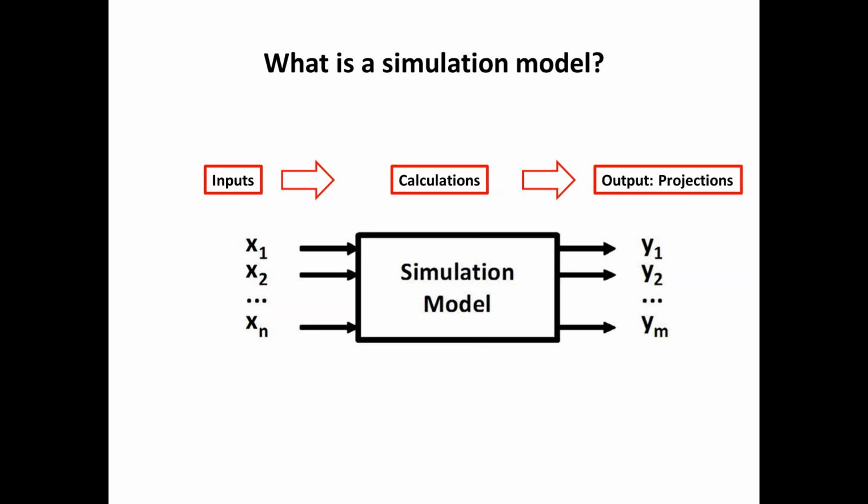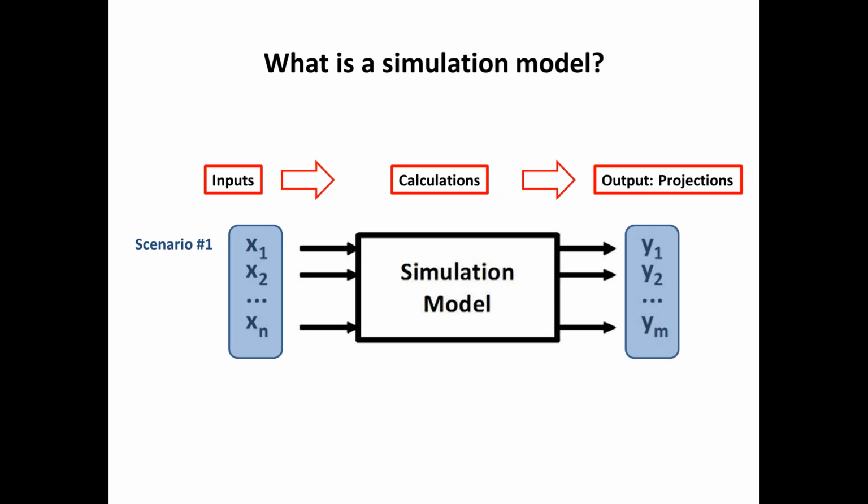Now, because there's often uncertainty around the input assumptions, we often work with scenarios. So a particular scenario might represent a particular set of input assumptions and have a corresponding set of output projections. And we could change the input assumptions for a second scenario and have a different set of projections for a possible future.